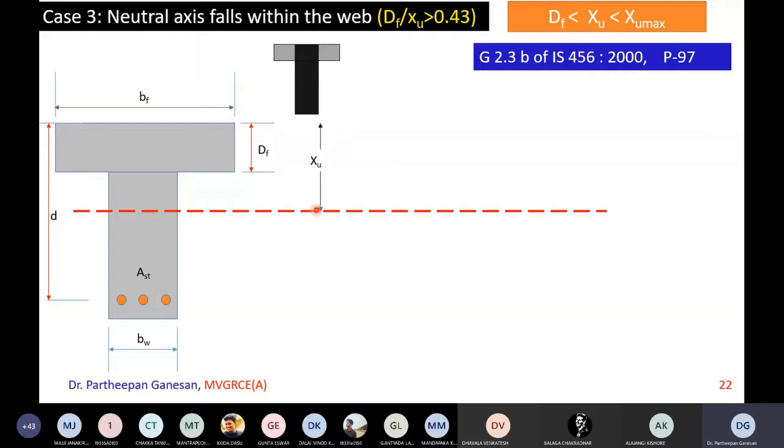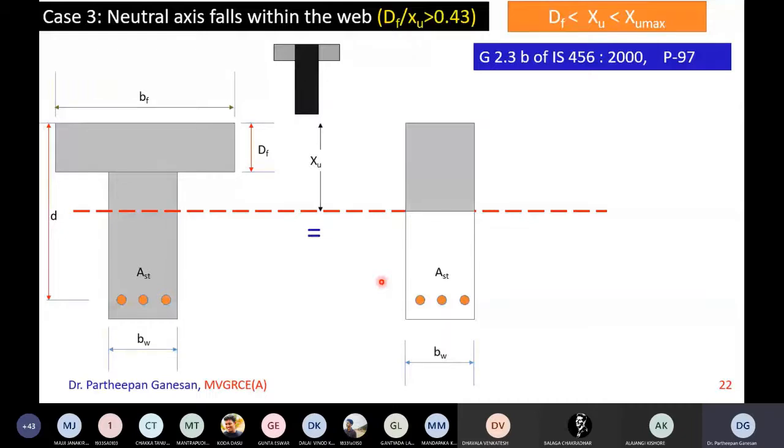Now this neutral axis depth is for this rectangular portion alone. This entire T-beam, and the rectangular portion alone is indicated here. This is bw, this is Ast, this is the overall depth, this is the neutral axis depth, and up to the centre of the steel will be the effective depth.